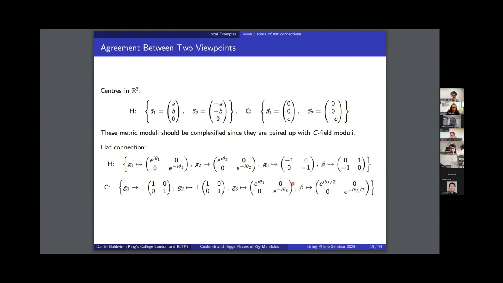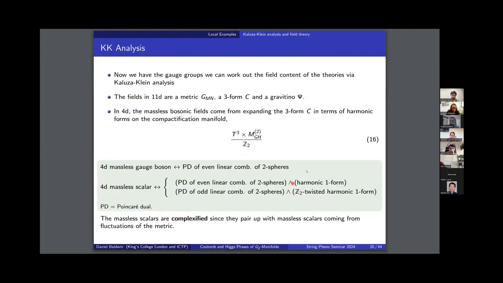Now we can look at what the physical theory actually is on each of these branches. To work out the massless field content in 4 dimensions, we have to do Kaluza-Klein analysis, which is just counting the harmonic forms on our compactification manifold. The massless bosonic fields come from expanding the 3-form field of M-theory in terms of these harmonic forms.